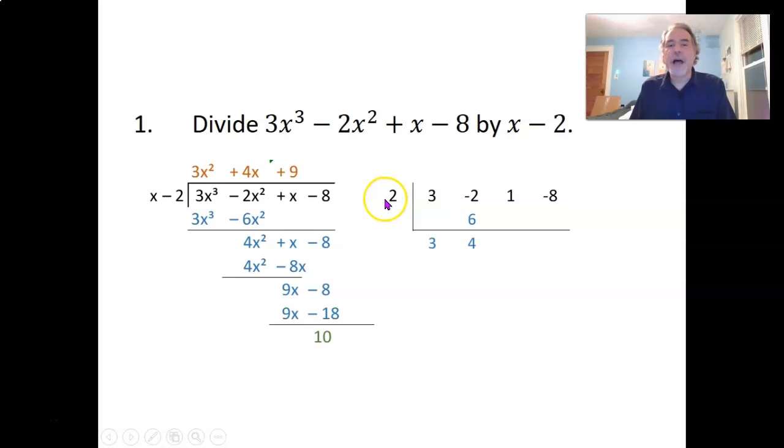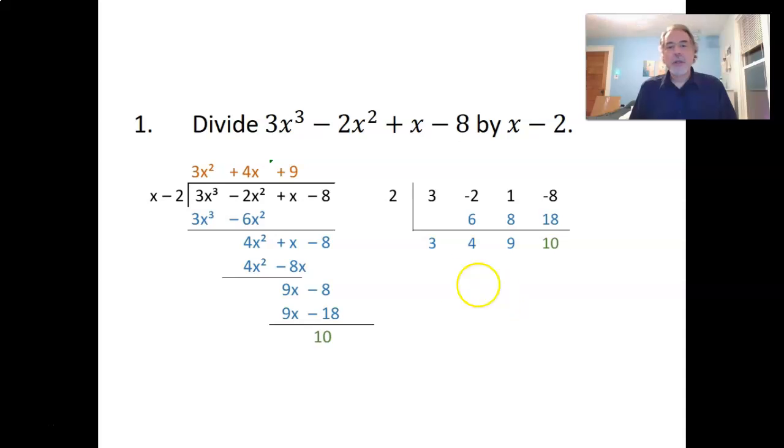Now I multiply this 2 out in front times the 4 gives me 8, and I write that here. Now I add 1 plus 8 is 9. And now I multiply 2 times 9 is 18. And now I add negative 8 plus 18 is 10.